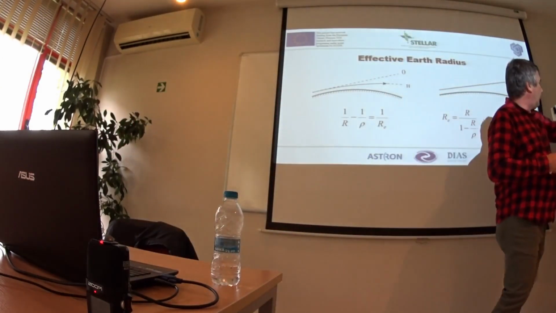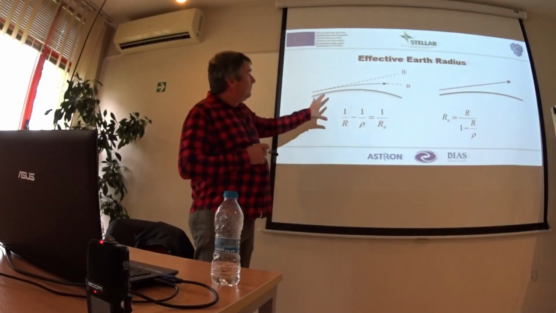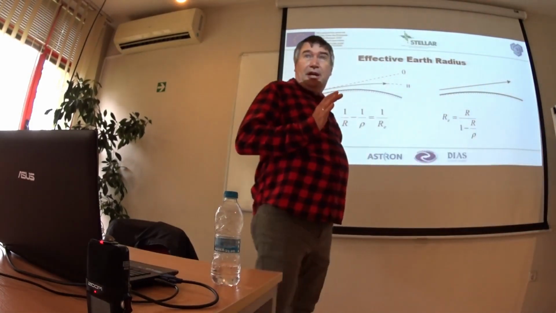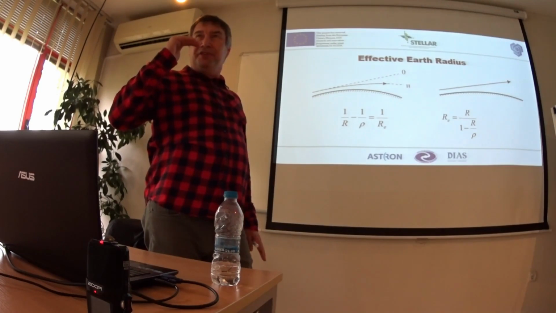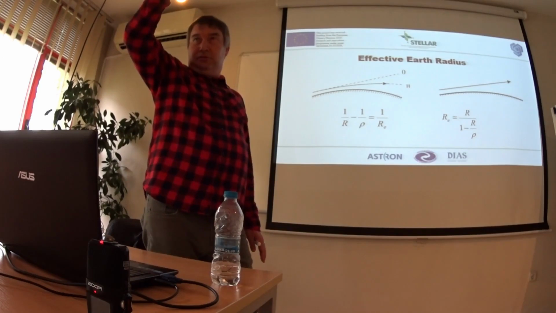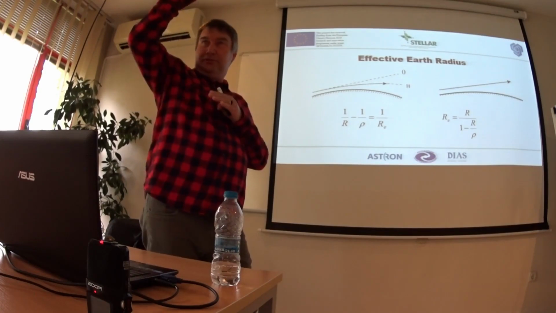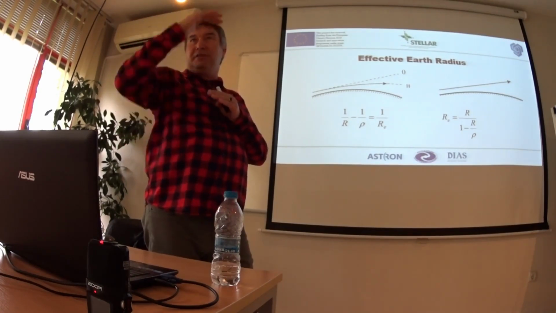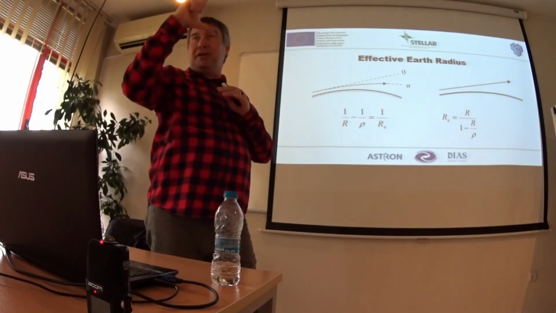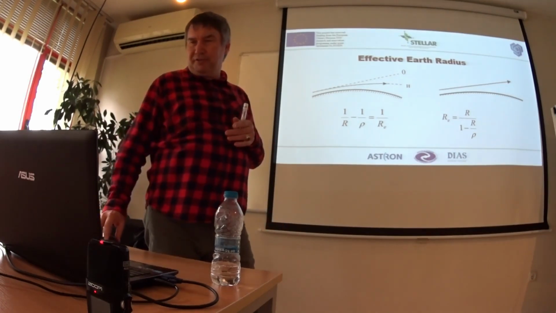So this is the path radius, and depending on this gradient, sometimes the refractive index is higher at high altitude. Normally it is small, but in some cases it is higher. In some cases this gradient is very big, in some cases it is small. So we have different types of refraction.